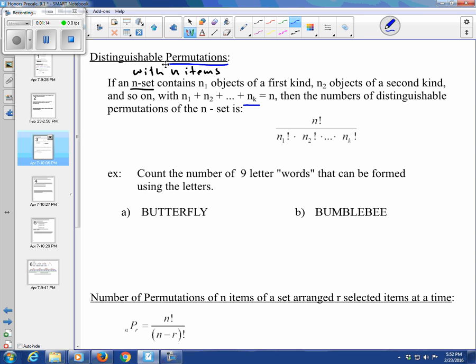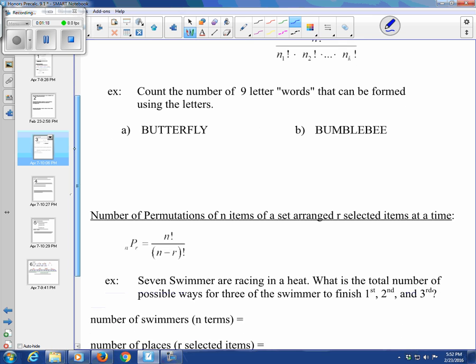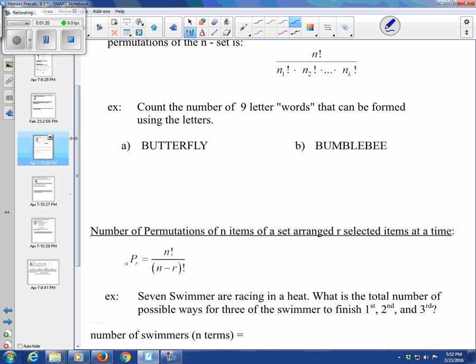Okay, so let's try to decipher what we mean with this definition with an example. Right here we have a couple of words, and we want to count the number of 9-letter words that can be formed using the letters that spell the word butterfly and bumblebee.